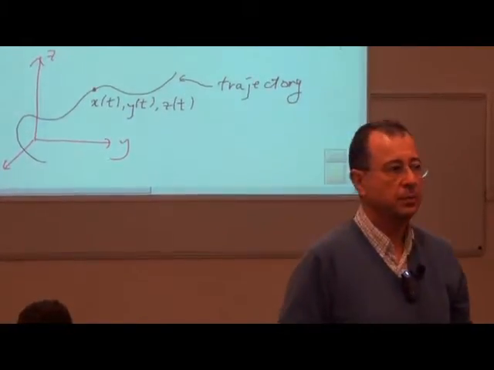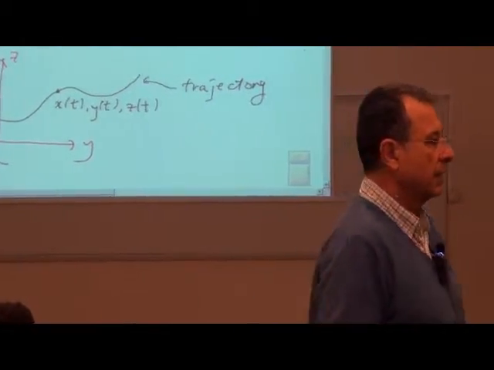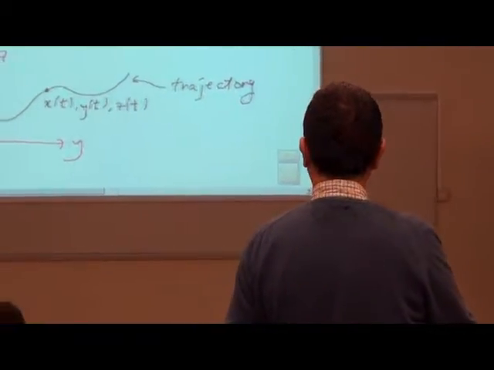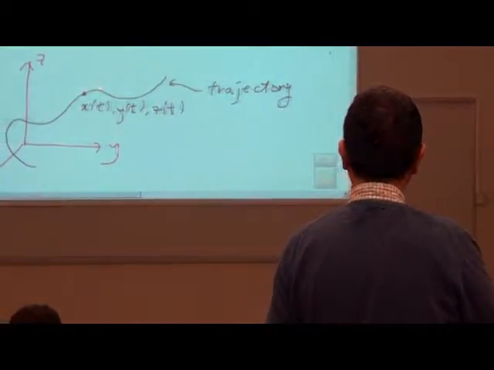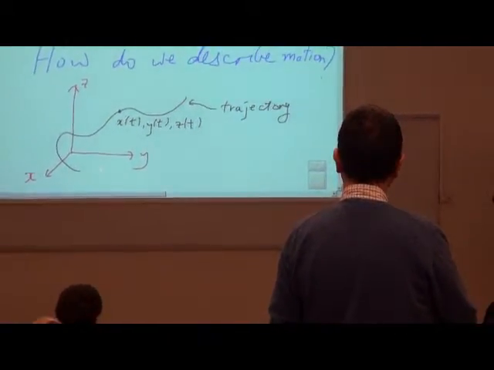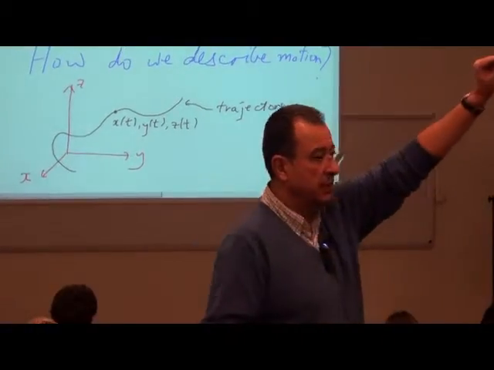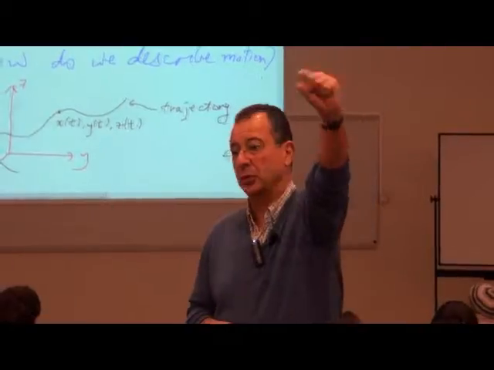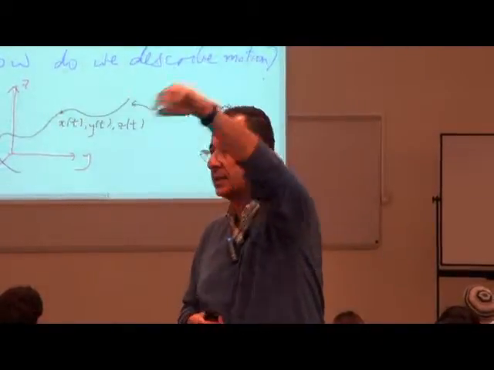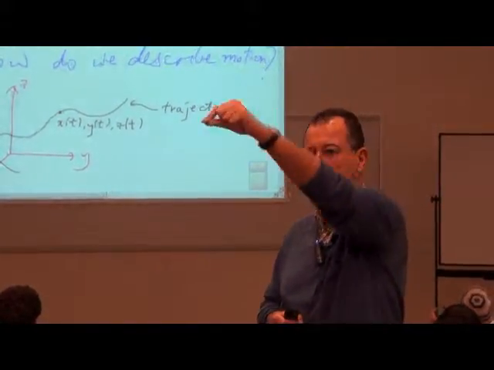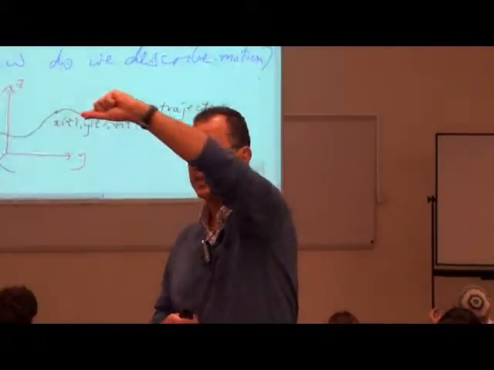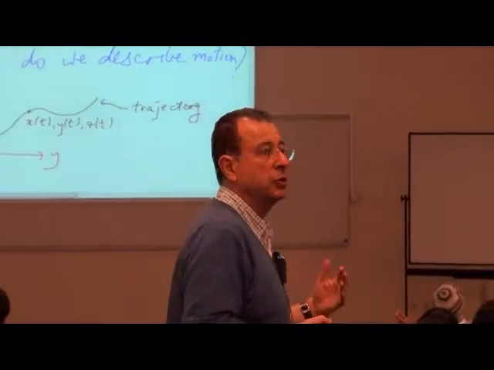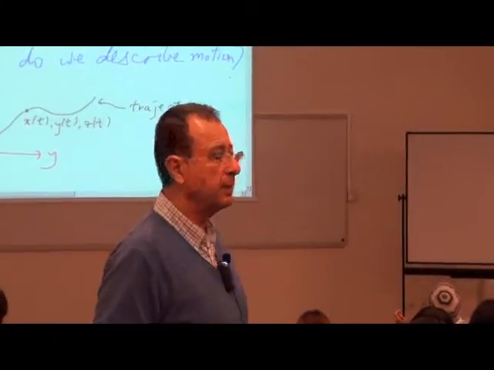Okay? So, the description of motion will involve a path or trajectory of the motion as the coordinate of my object, or the object itself, moves through space. Its position changes as a function of time, and it describes some kind of curve, line. That's just the path, the route that the object follows. Okay?